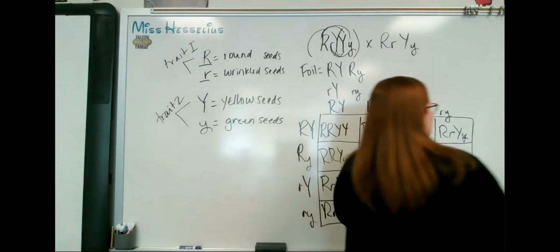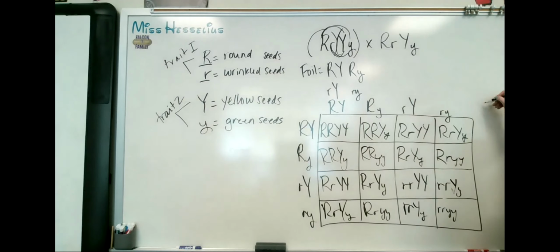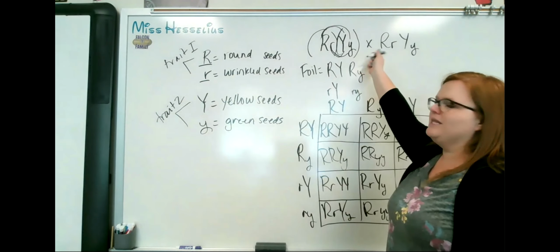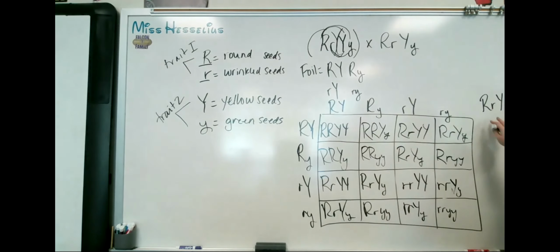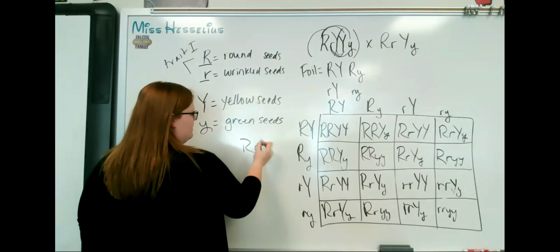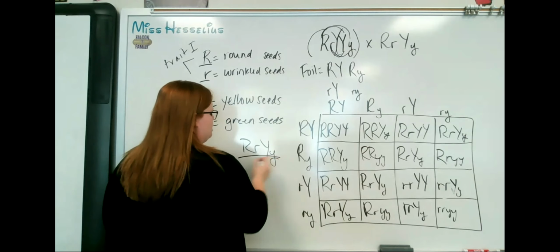So let's say the question asked us, what were the chances of getting big R, big Y, little y as the genotype from this cross between these parents? What are the chances the kid has big R, big Y, little y as their genotype?